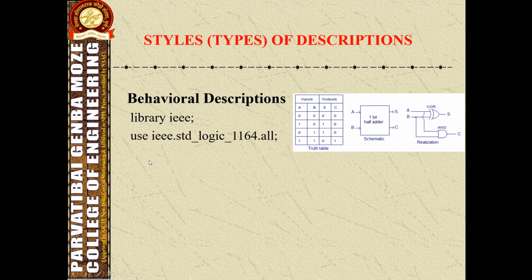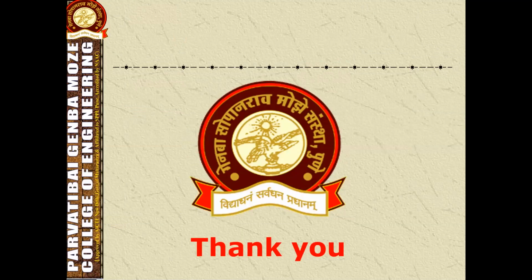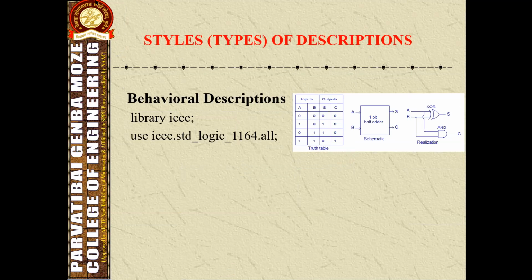This is the library, and after the library we are going to assign the entity. The entity is assigned by using the predefined word entity, and after that we write the name of the half adder: half_add is.